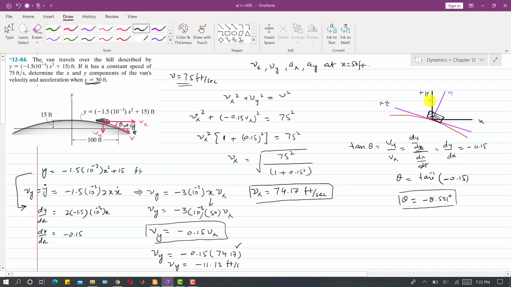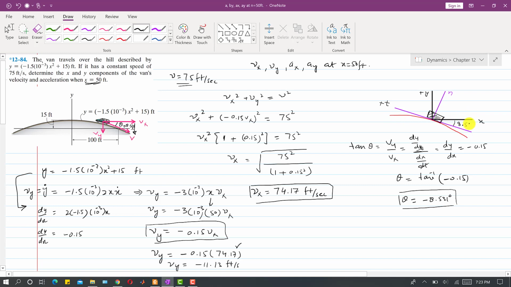So this is 8.531. Now if I draw this free body diagram, if we draw a tangent axis, let's say this is the tangent axis and this is the normal axis. The velocity is tangent to this y of x function, this path. So if this angle is 8.531, this tangent line to this path is making an 8.531 degree angle.